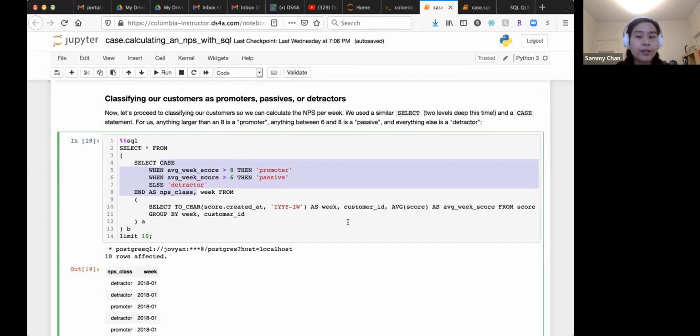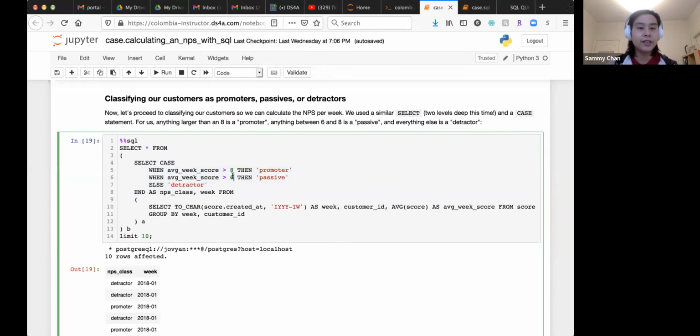So we are reading from this virtual table, saying if we look at this average week score, if it's larger than 8, then we assign that customer as a promoter. If it's larger than 6, then it's a passive. And else would be a detractor.